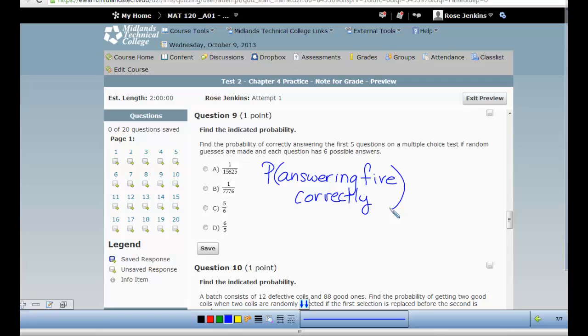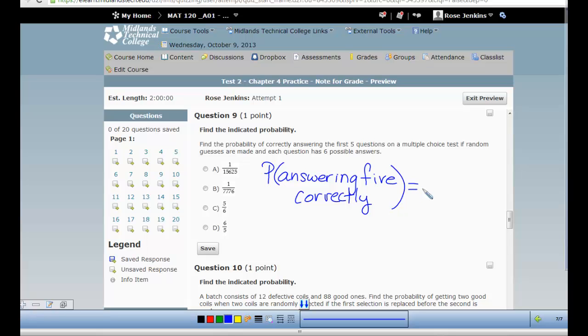Which keyword is that going to be? And. We're going to get correct, and correct, and correct, and correct, and correct. There are 5 questions, and each question has 6 choices. So what's the probability that they get it right? 1 over 6. We already said "and."